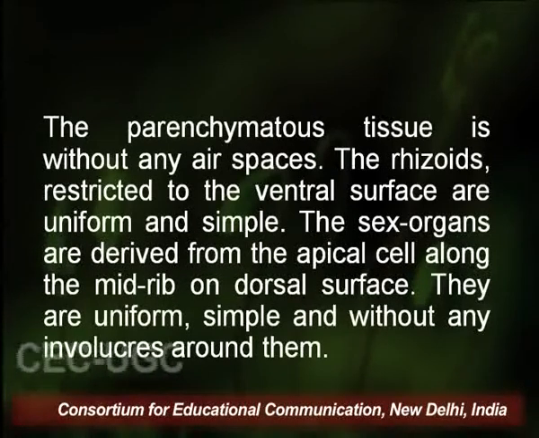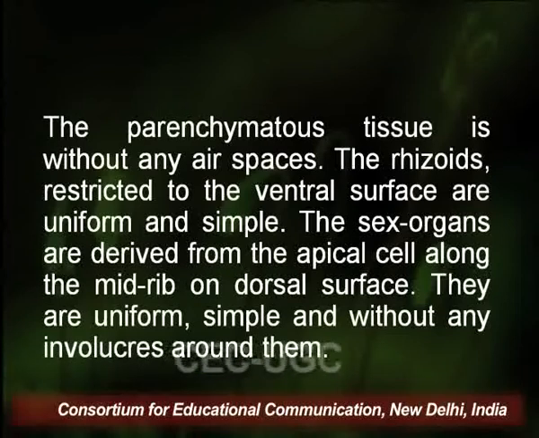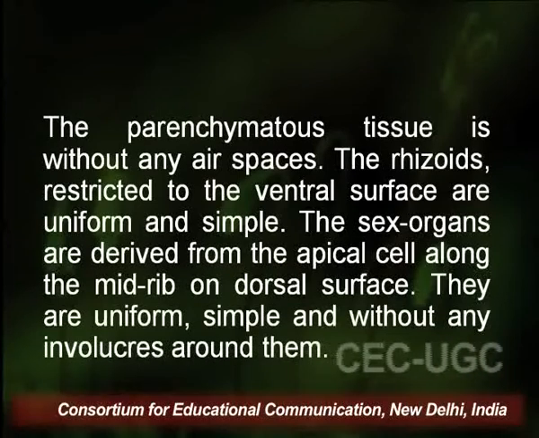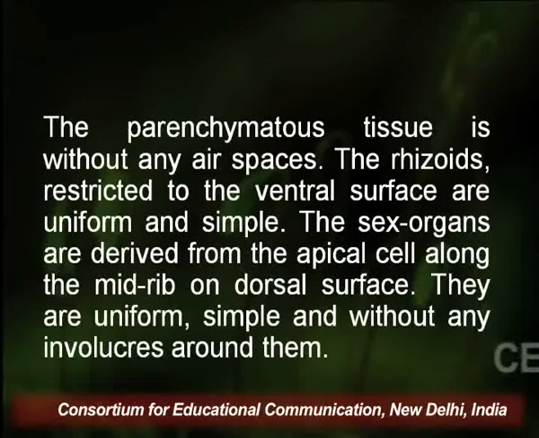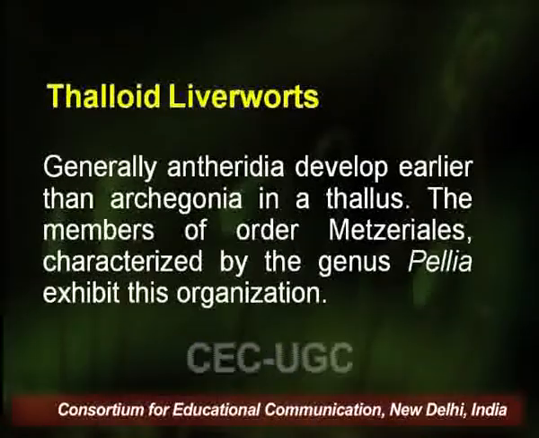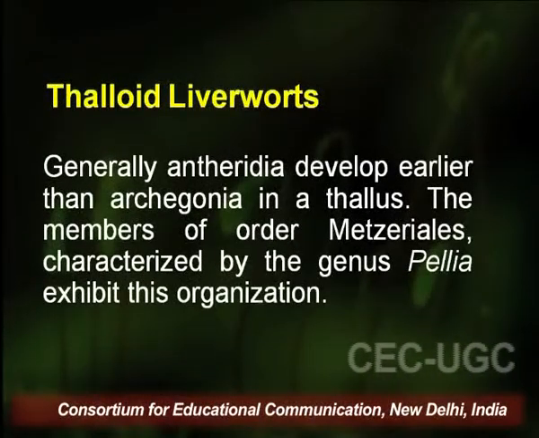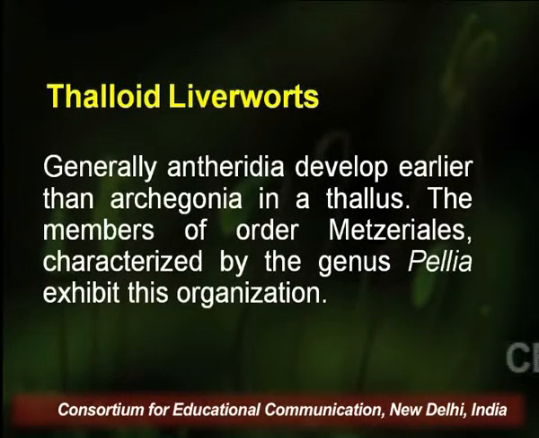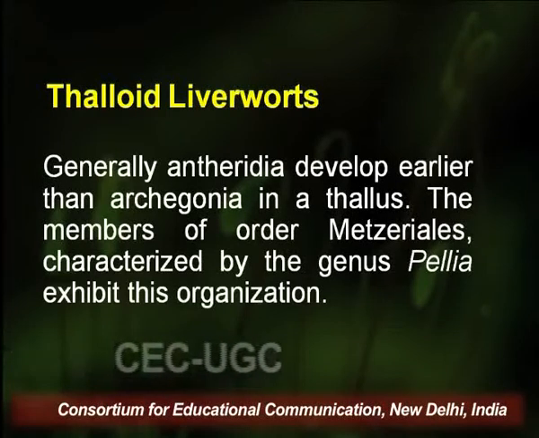The sex organs are derived from the apical cell along the midrib on the dorsal surface. They are uniform, simple and without involucres around them. Antheridia generally develop earlier than archegonia in such thallus. They are represented by the members of Metzgeriales, which is characterized by the genus Pellia.